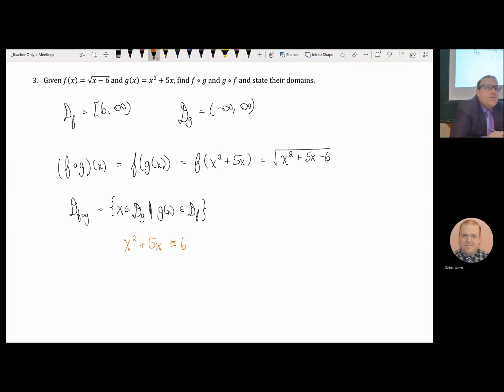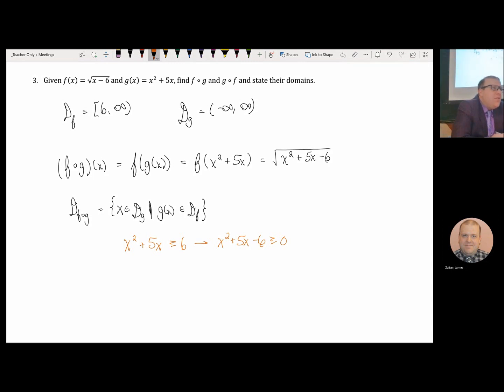Solve for x. And the right side is a quadratic, greater than or equal to 0. Or less than or equal to, depending on the interval, doesn't matter.